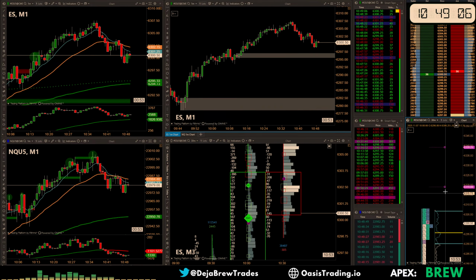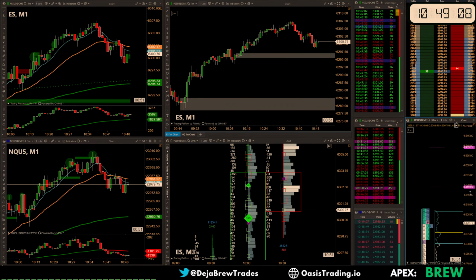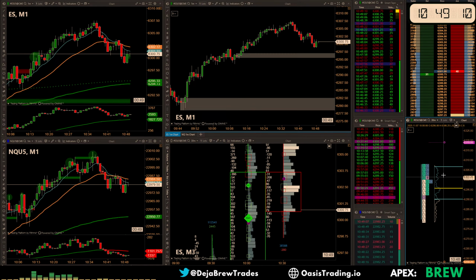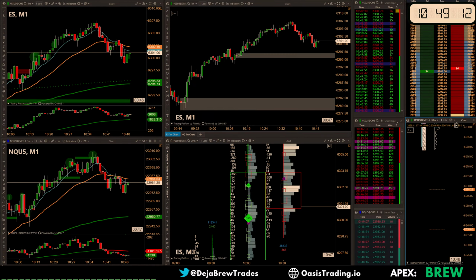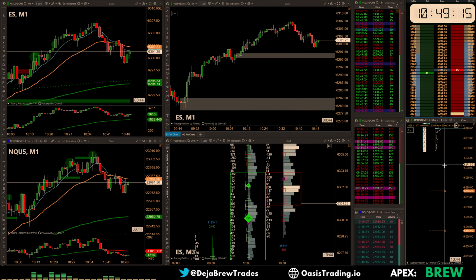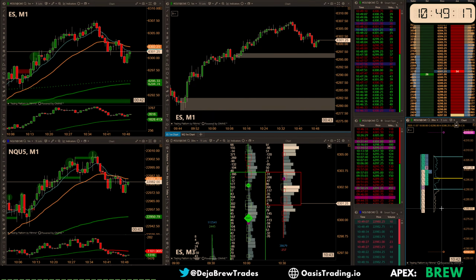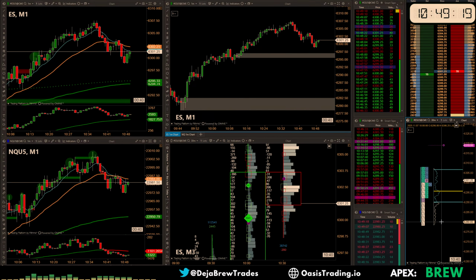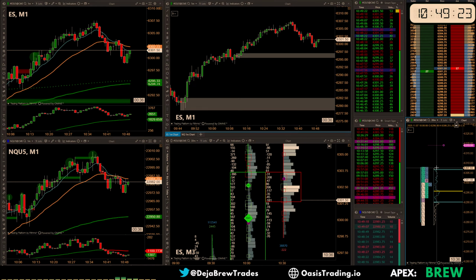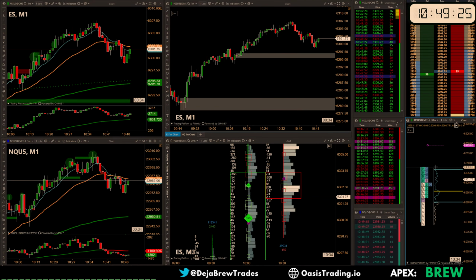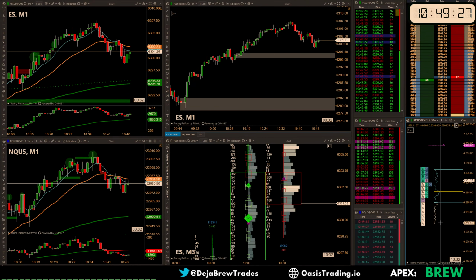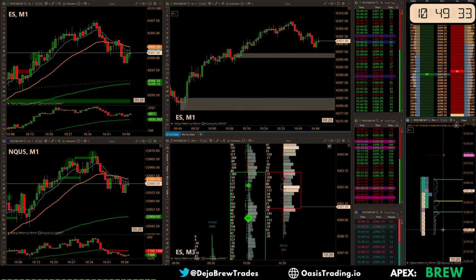So our extension levels for the afternoon, 19 and 39 to the upside, 58 and 38 to the downside. So that should mean we have about a 20-point initial balance, which is not true.